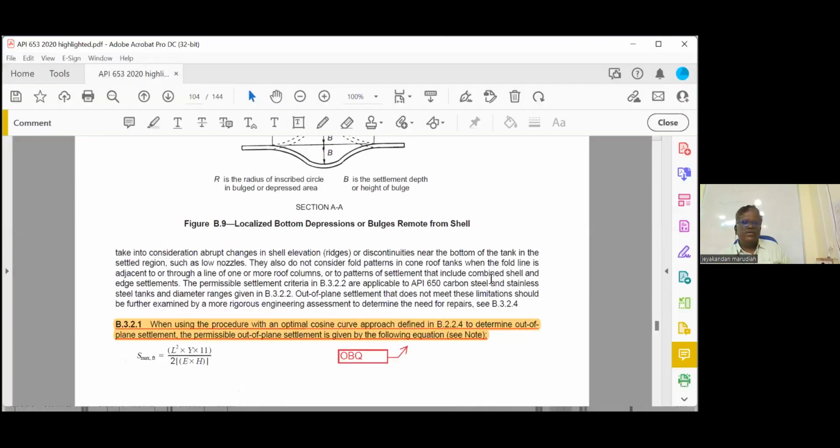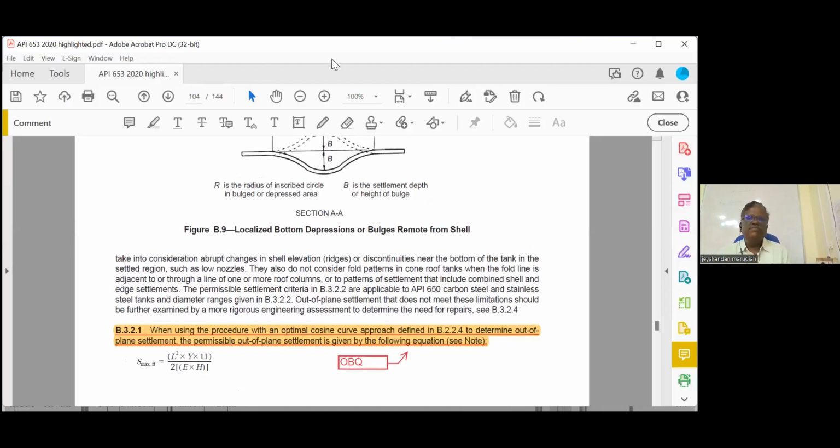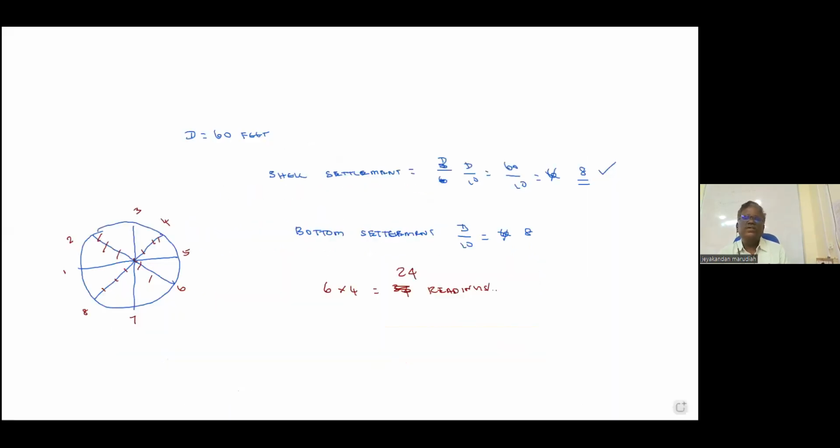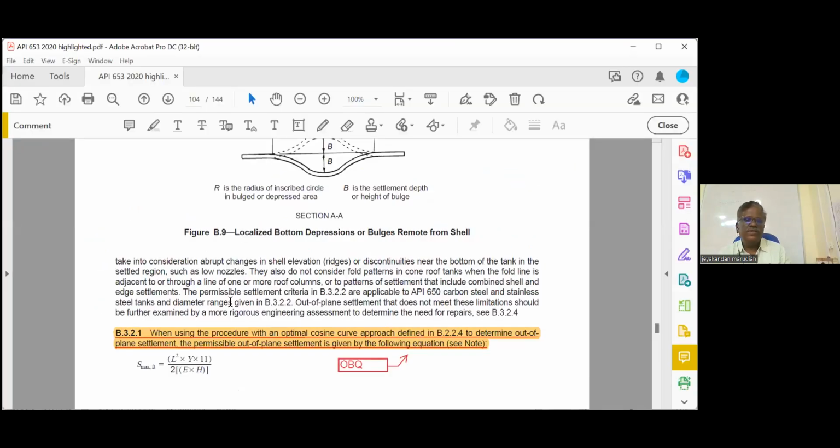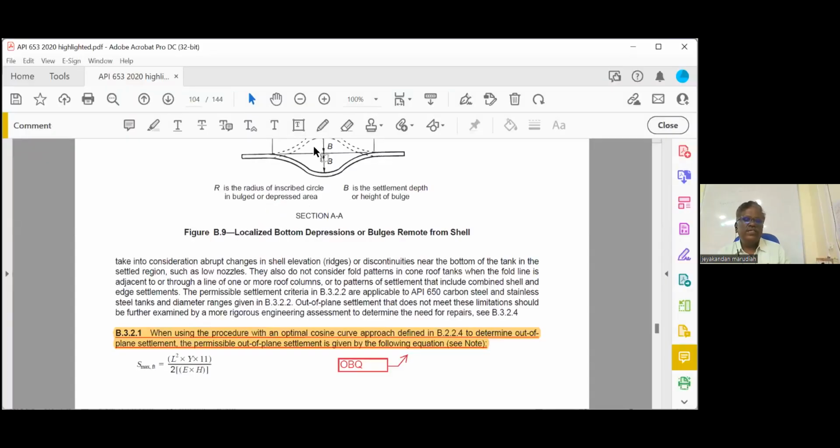S max equals L squared times Y times 11, divided by 2 into E into H. This is the formula you have to use. Let me work it out: L squared Y into 11 divided by 2 into E into H.